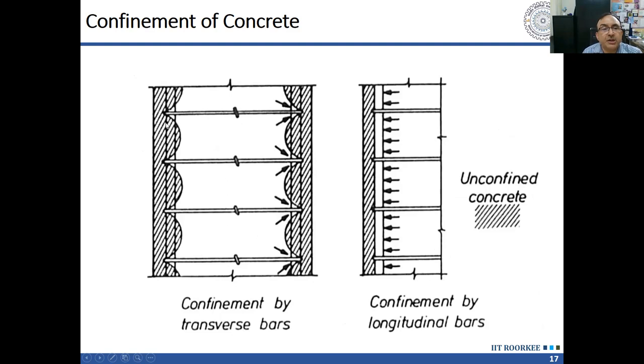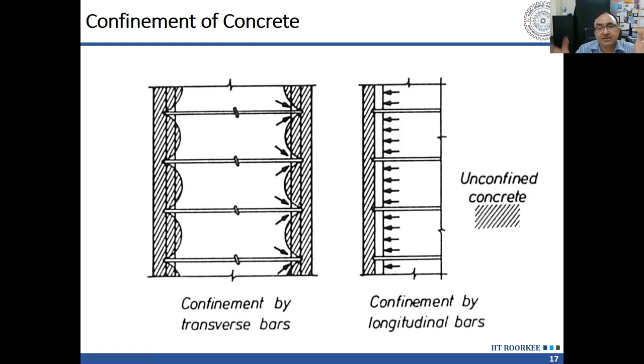We do not provide continuous confinement. The confinement is provided at the level of this hoop or stirrup. So there the confinement is available in the full width, but as we go towards the middle between the two transverse stirrups, we can see that again the effect of the confinement goes on reducing, similar to what we had in case of compression testing, the end friction effect.